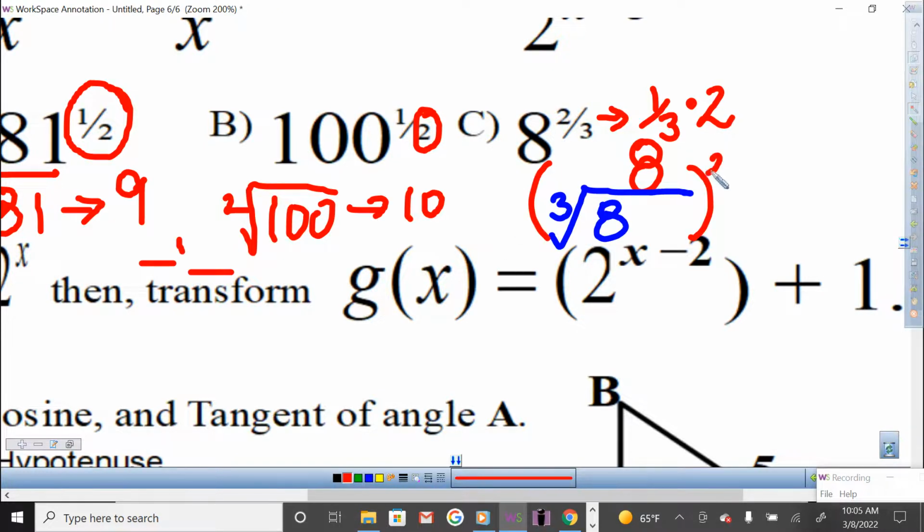The exponent of 2. So question. What number times itself 3 times, that's what this means, gives us 8? 2. So this is 2. And what was our exponent outside? 2. So what is 2 to the second? 2 to the second is 4.